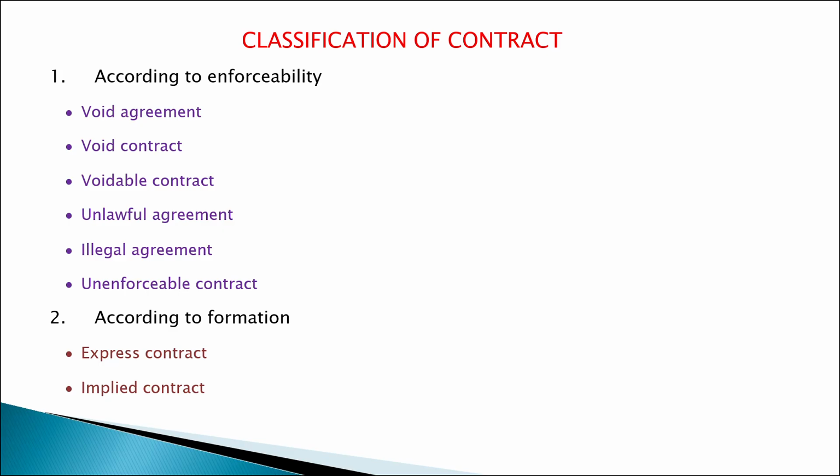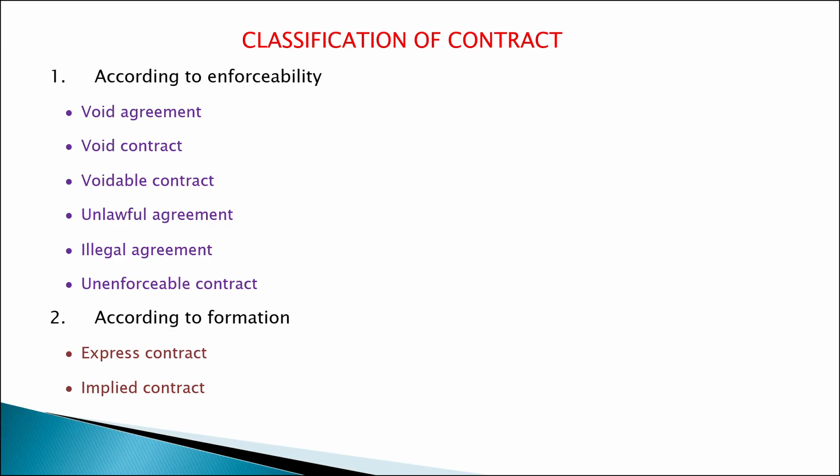Next one is implied contract. It does not arise out of an express promise by the parties, but is inferred from their acts or from the circumstances of a particular case. Example, an offer by a cinema theatre and its acceptance by a moviegoer is always the result of an implied contract.